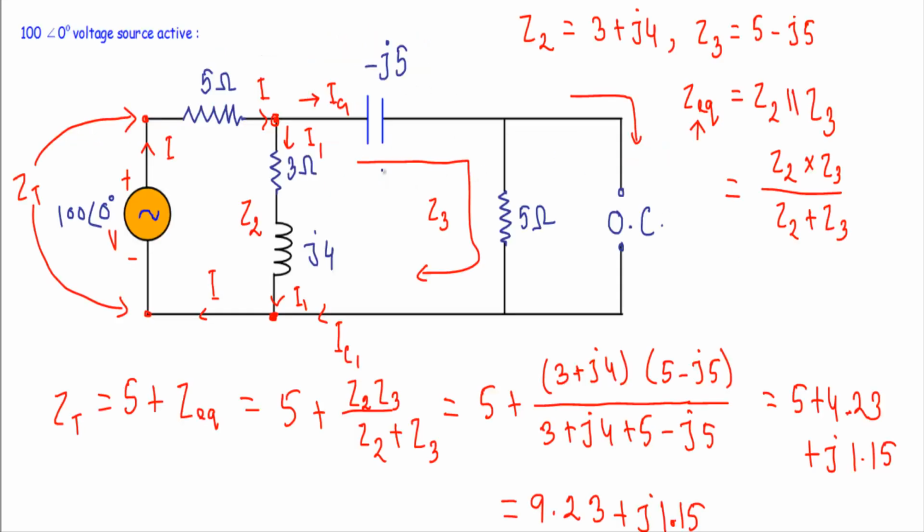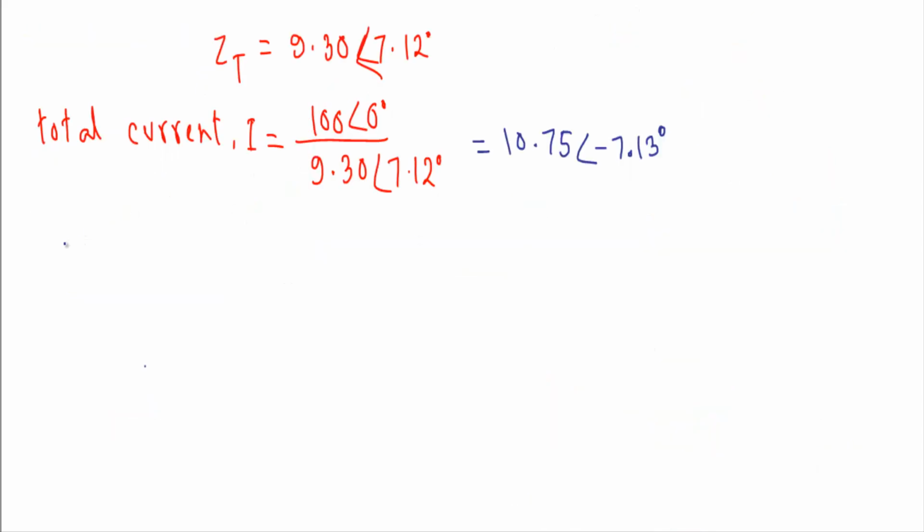Now see, we will calculate IC1 that is flowing through the impedance Z3. Here we have two branches connected in parallel. One contains impedance Z2, another contains impedance Z3. So when we have two impedances connected in parallel, we simply use the special current divider rule to calculate the current in that branch.